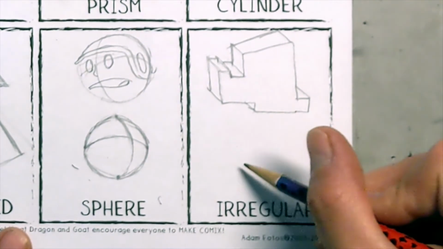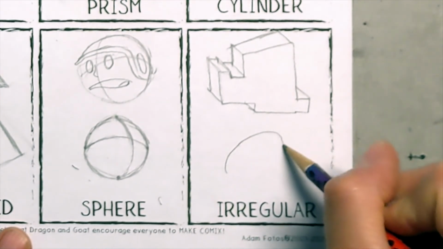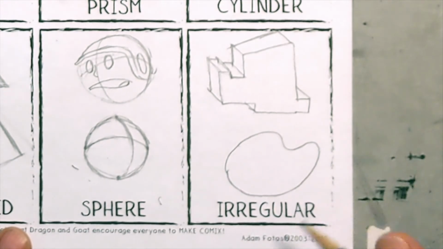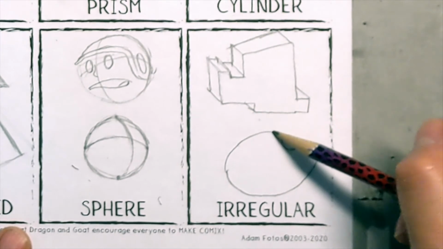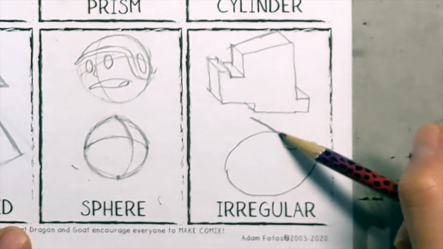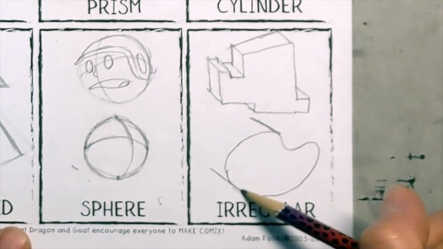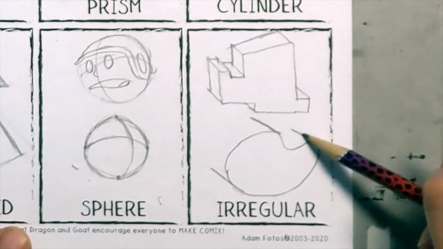If it's a curvy one, so let's see, we can draw maybe something that looks like a painter's palette. Now for this one, you've got to eyeball it a little bit better, but it's going to go back from the curve. You go from the top of the curve to the bottom of the curve, and then to the bottom of the curve here, or the top of the curve here.